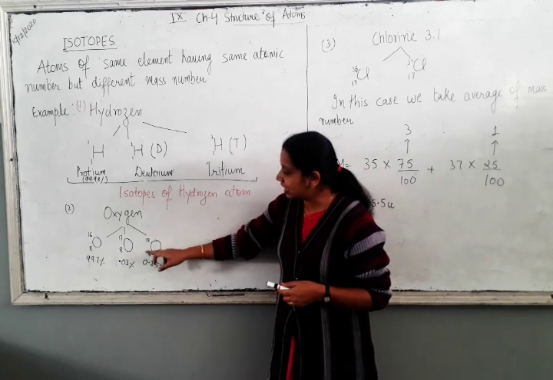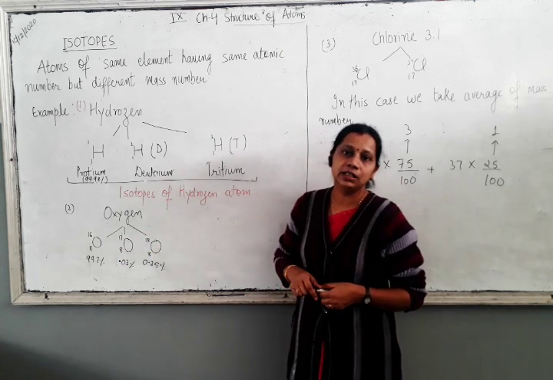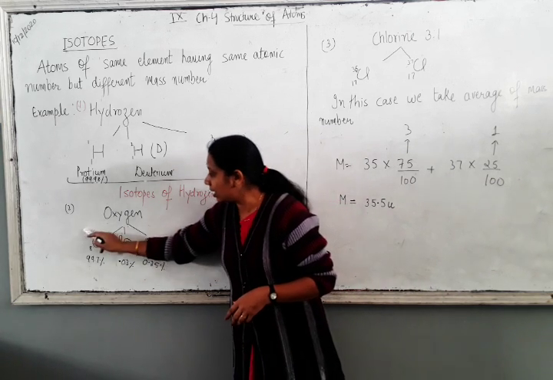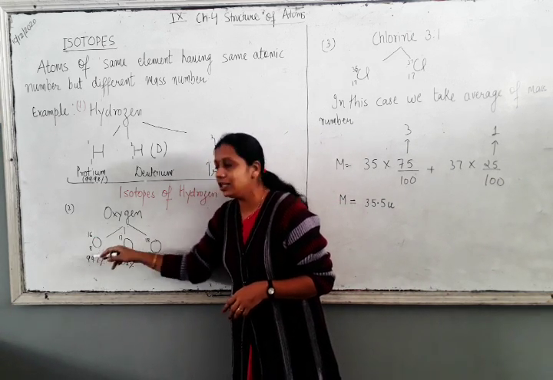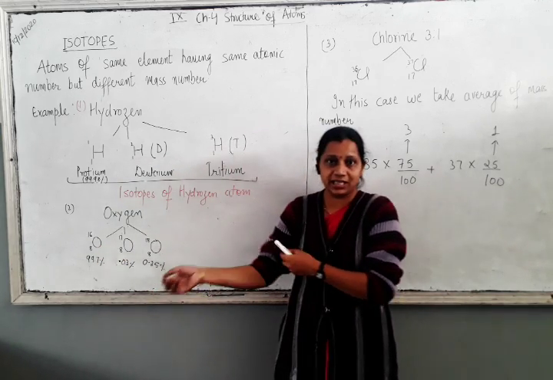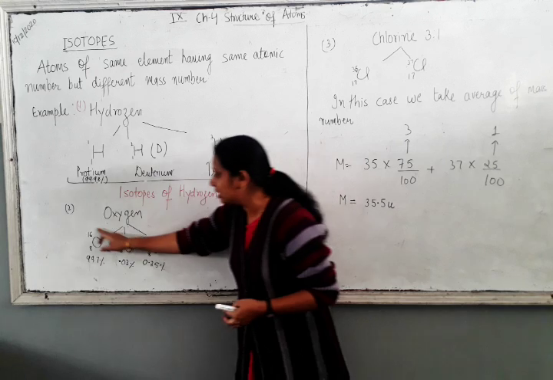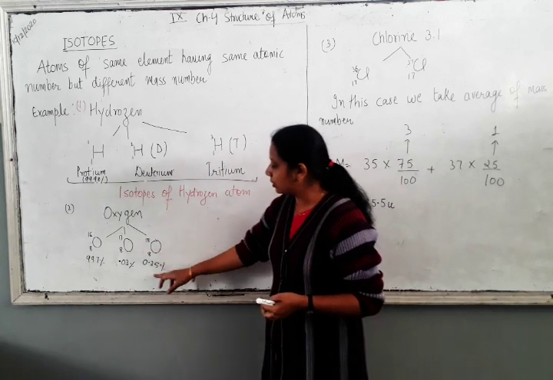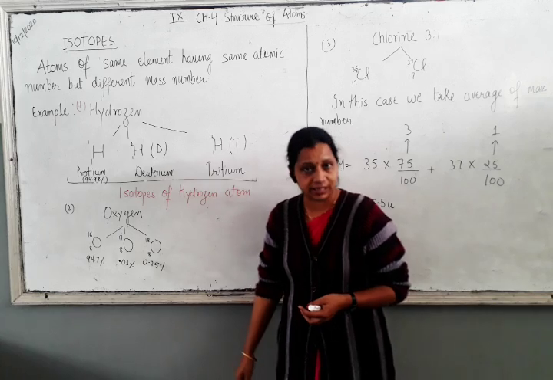Here 18, that means 8 protons, 10 neutrons. Now in nature, this one is the abundant one. 99.7% exists in this form. That's what we breathe, generally react with things is this one. Second one is only 0.03% and last one is only 0.25%.